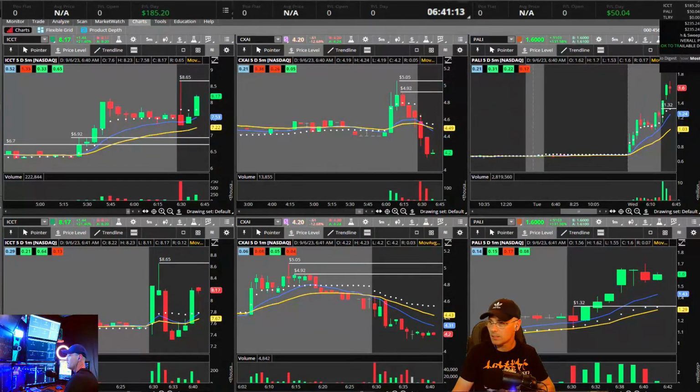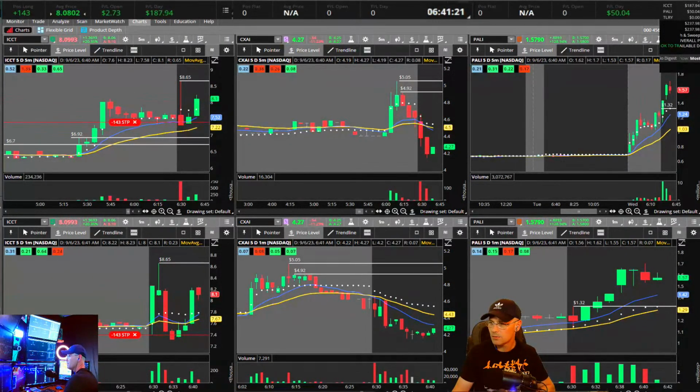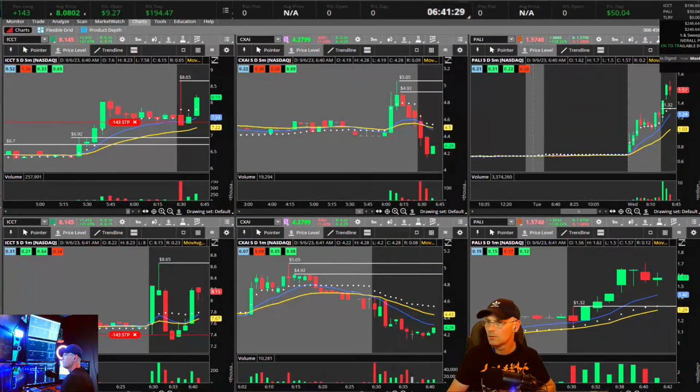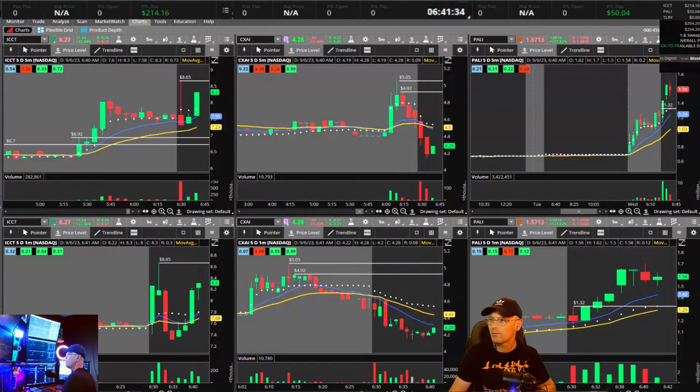It's a brand new 5-minute candle. Nice breakout. I'm going to try to jump in it there at $8. I'm in it at $8.08. Taking the profit on it there.